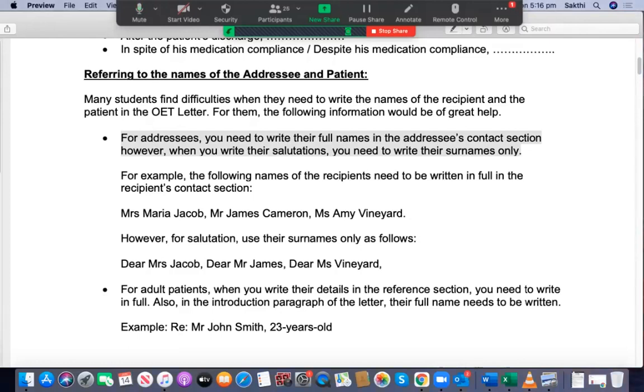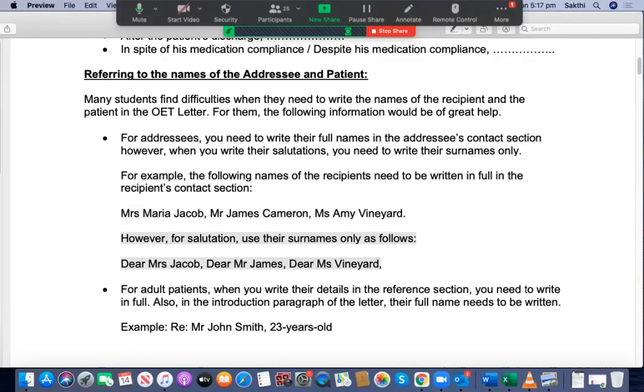For example, let's say these are the full names of the recipients: Mrs. Maria Jacob, Mr. James Cameron, and Miss Amy Wynyard. When you write the recipients' contact section, you write their full names on the top. However, in the salutation you write only the surnames.